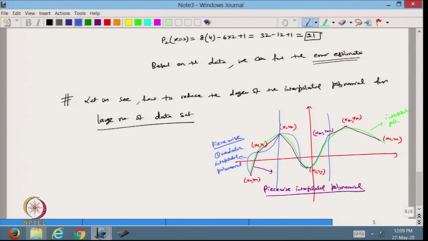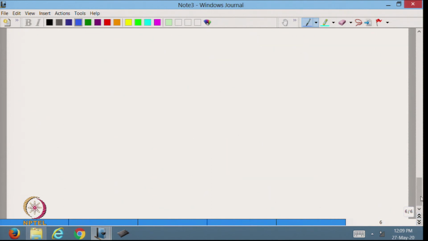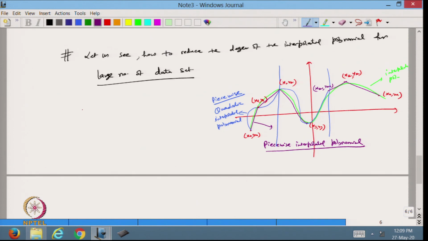So in this way we are able to approximate the data with a small degree of polynomial, no matter how big the data is. This type of method is called piecewise approximation.